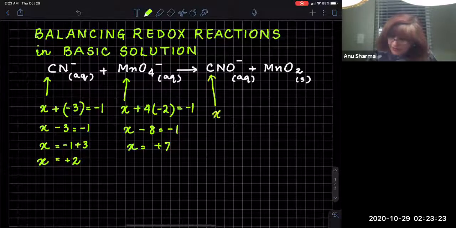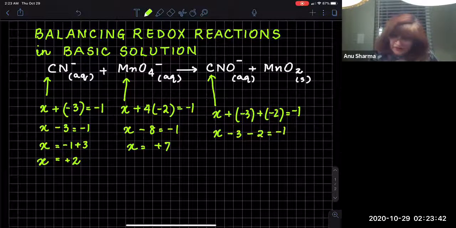So let's put it at X plus nitrogen is going to be -3 and oxygen is -2, and that is equal to -1. So this is going to give you X - 3 - 2 is equal to -1, and this whole thing comes out to be X is equal to +4.